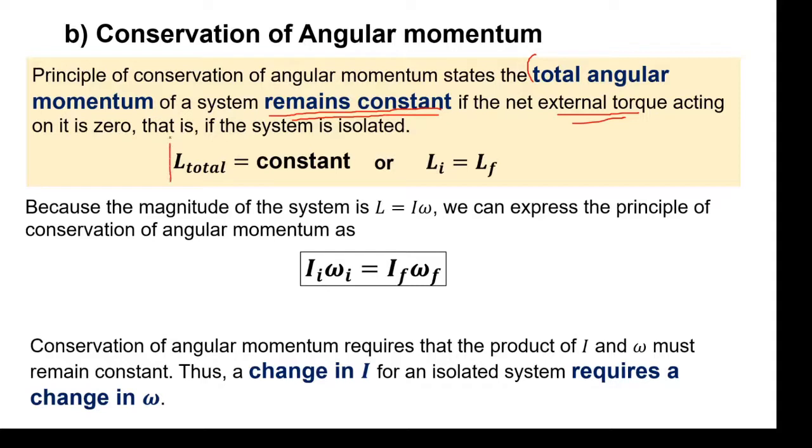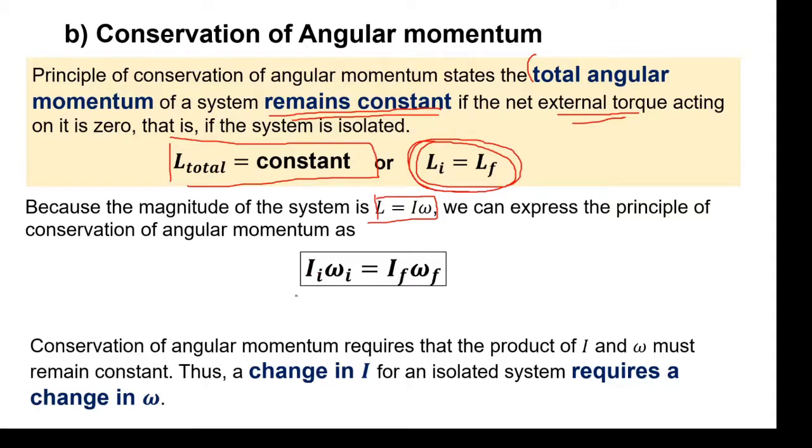We can write this as L total equals constant, or, and this is very important, the initial angular momentum equals the final angular momentum. Because the angular momentum is L equals I omega, we can express this as I initial omega initial equals I final omega final.